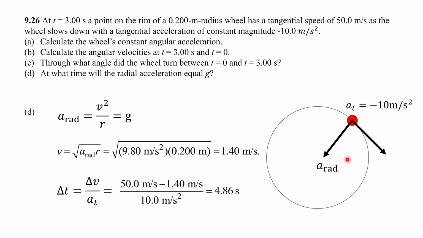And this depends on the linear velocity. The other acceleration in the tangential direction is called tangential acceleration, and this will speed up or slow down the motion. So this one will change the speed, but this one only changes the direction.